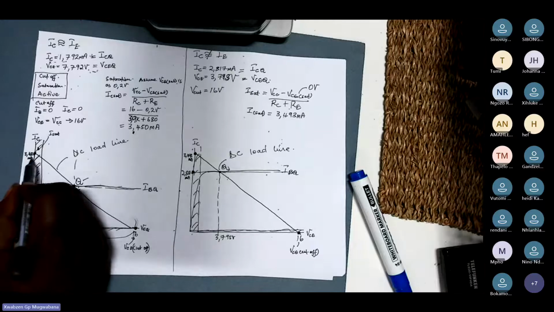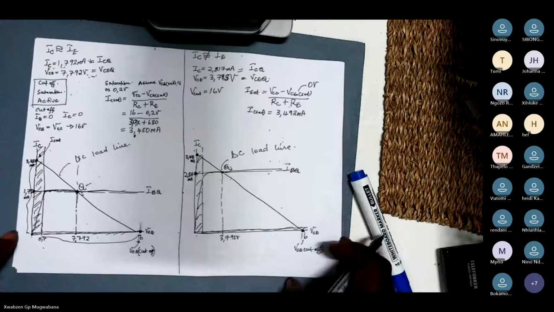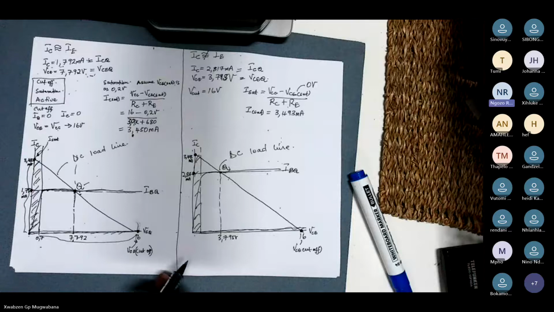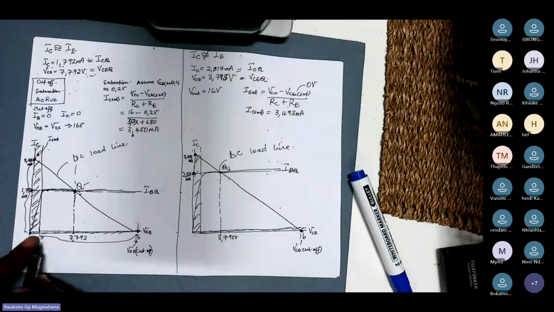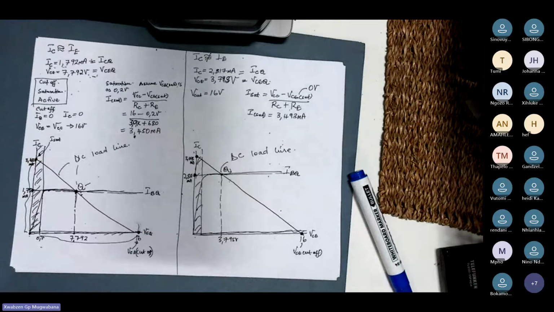Can you see these two points? Yes, I can see. The moment one of the two goes outside these points, which means there is no DC load line that will be cut at that point. Does it make sense? Yes, sir. Good.